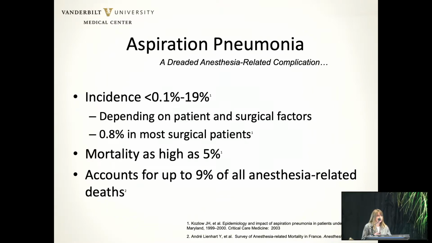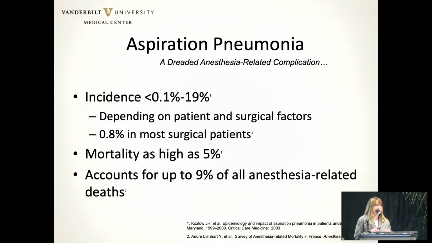I don't need to remind anybody in this room, but aspiration pneumonia is a risk of anesthesia that has been present in our specialty for a long time. And despite many of our amazing advances in our practice, it is still a very real risk and real threat to our patients. Looking in the literature, there's a wide range of incidences, from less than 0.1% to as high as 19%, depending on different patient factors.